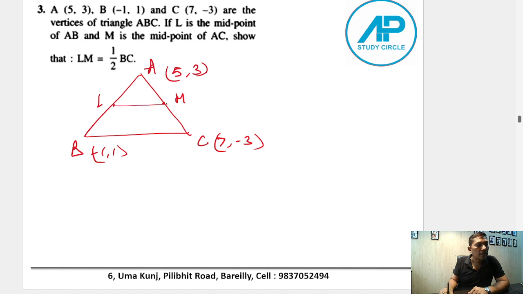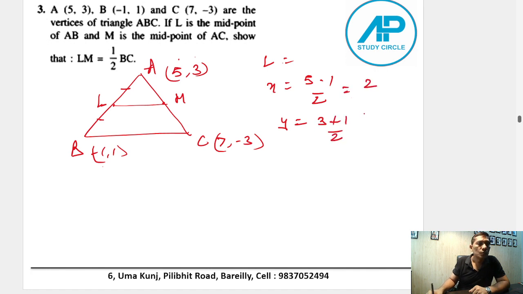If I join this line LM, I got the coordinates of L. This is the midpoint, where this is x comma y, and this is x1 y1 and x2 y2. Should I do it directly for you? So you got x equals 5 minus 1 upon 2 and y equals 3 plus 1 upon 2.